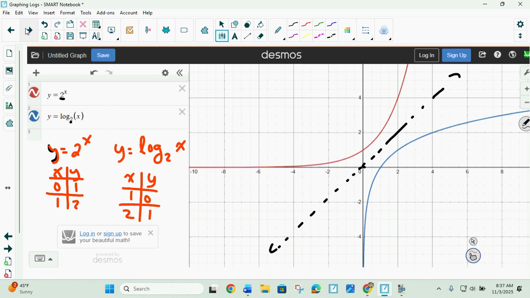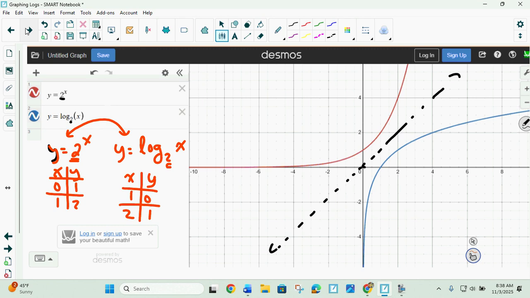It's just hard for our brains to think that way. But if we think, wait a minute, these two are inverses of each other, we could write the table for y equals 2 to the x and then just flip the x and y columns. And so our besties for exponentials were 0, 1, and then 1, and whatever the base is. For logs, it's just flipped. Our besties are going to be 1, 0, and then whatever the base is, 1.